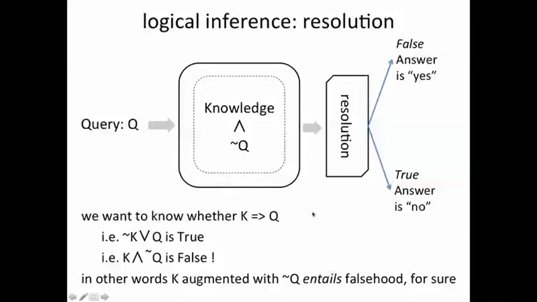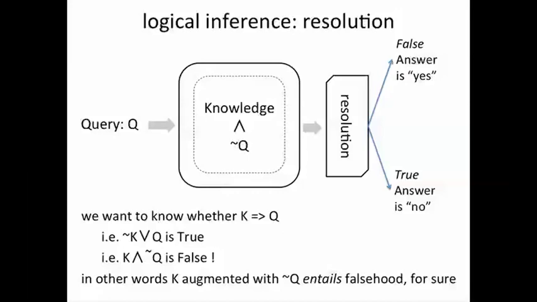However, if K and not Q results in a true statement or a satisfiable statement, then the answer to the query would be no, because then K and not Q would be true, which means that not K or Q is false, or K implies Q would be false. This seems fairly straightforward.